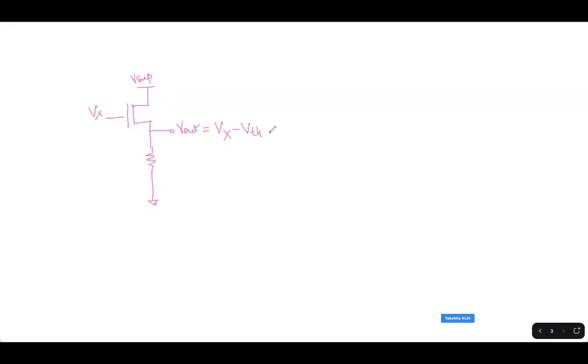Now, what if the Vth is not changing with respect to the power supply noise? It is always constant. Yes, that's true. Is there a Vth changing in this NMOS because of, let's say, the body bias?